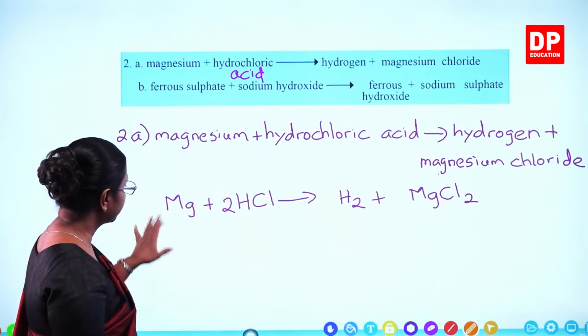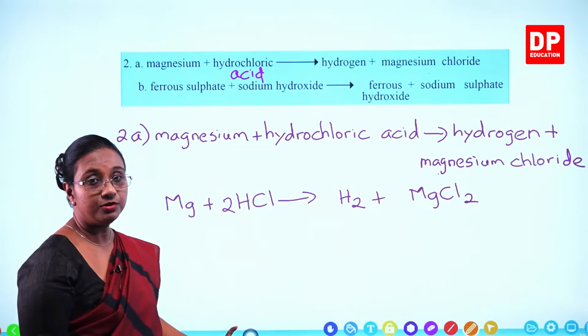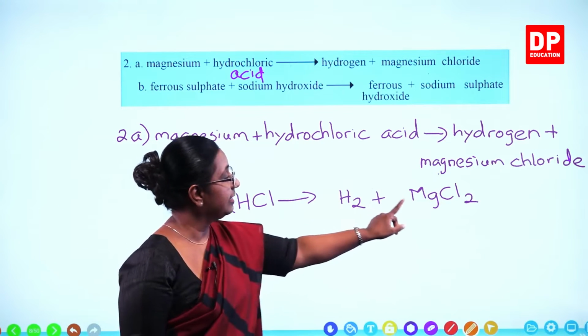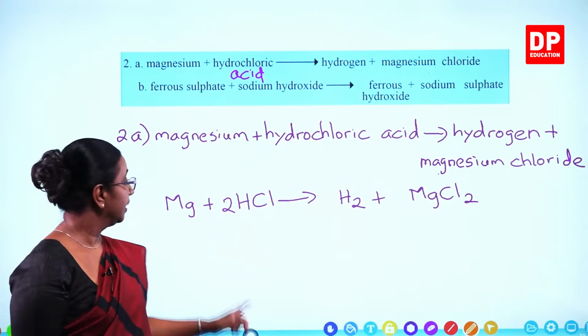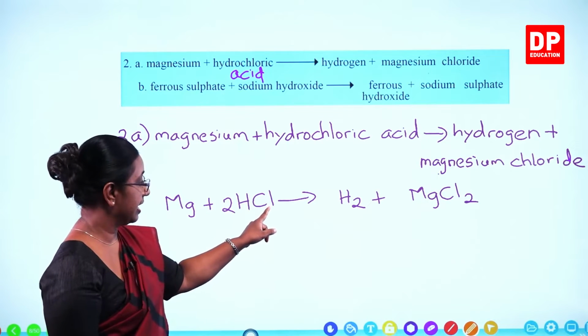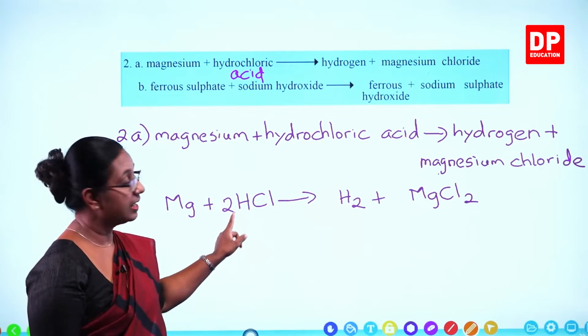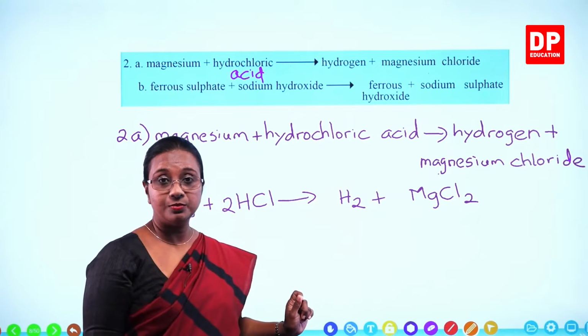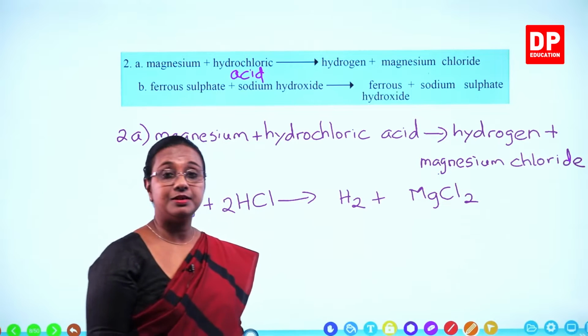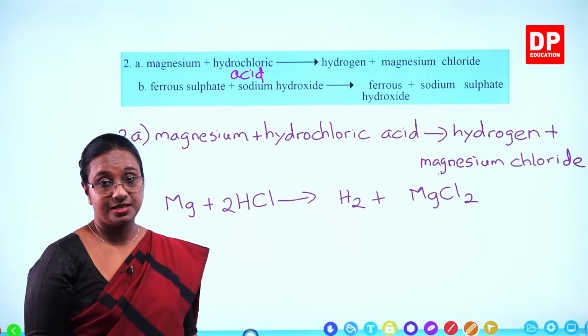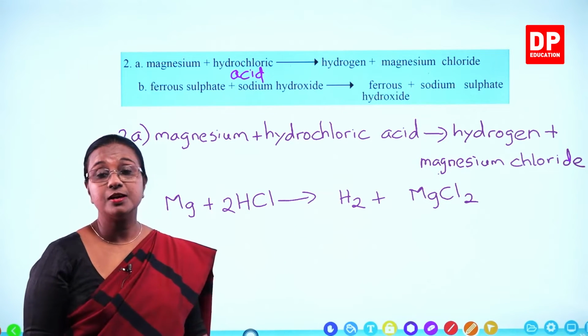Again, look at the reaction. Element, compound, giving rise to an element and a compound. Here we had HCl, but magnesium displaces hydrogen from HCl. That is why H2 is evolved and MgCl2 is formed.